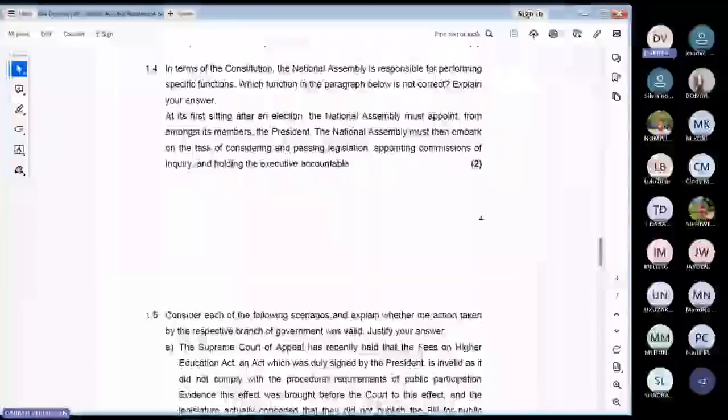Number one, we've said that it's incorrect, so we get a mark for that. Number two, we've specified the section in the Constitution, Section 84F, that says that the president has the power to appoint commissions of inquiry. The National Assembly can't do that. So that's the incorrect function in this statement.